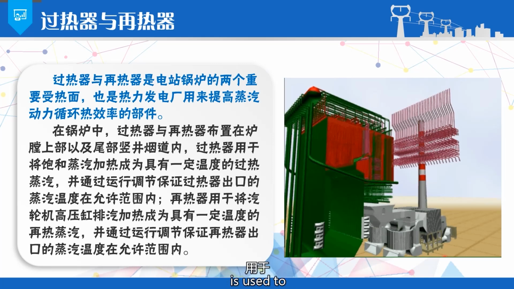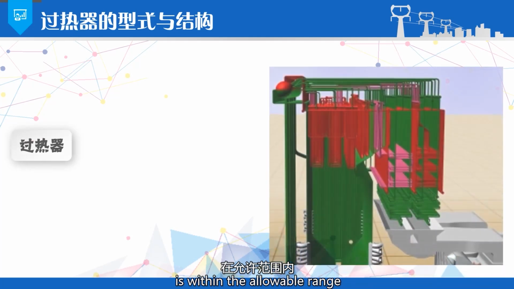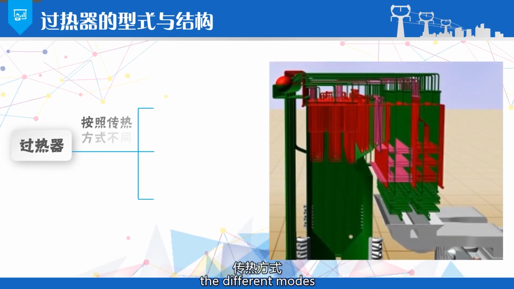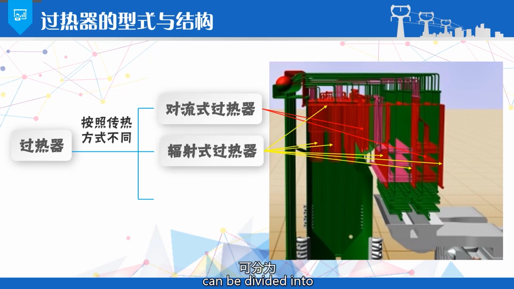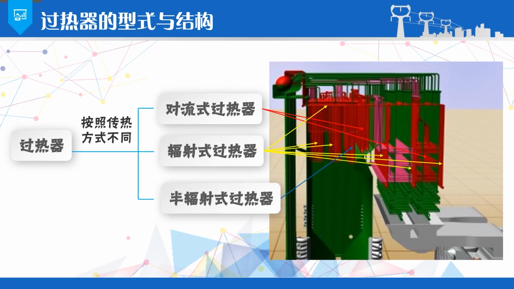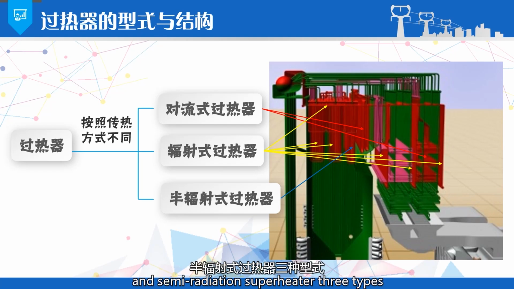The reheater is used to heat the exhaust steam from the high-pressure cylinder of the steam turbine into reheated steam with a certain temperature, and through operation regulation, ensure that the steam temperature at the outlet of the reheater is within the allowable range. According to different modes of heat transfer, the superheater can be divided into convection superheater, radiation superheater, and semi-radiation superheater, 3 types.